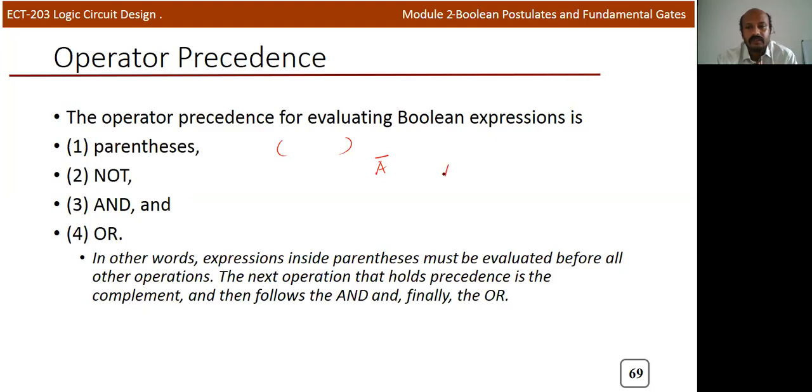For example, in A plus B C, first we perform B C, then the OR operation. So first bracket, then NOT, then AND, then OR. If it is A plus B C bar, first we find C bar, then the AND operation, then the OR operation. This is the order of precedence of Boolean operations.